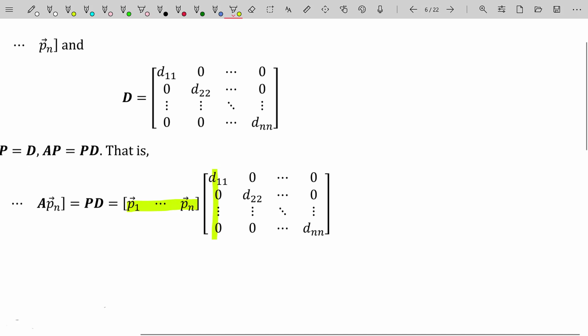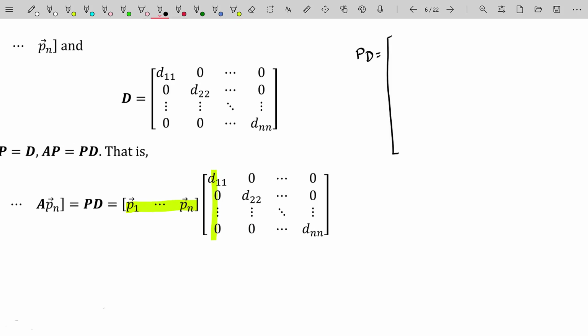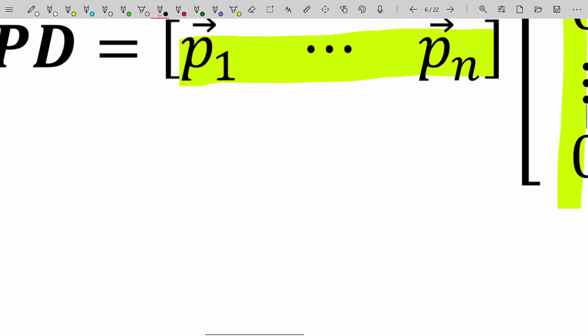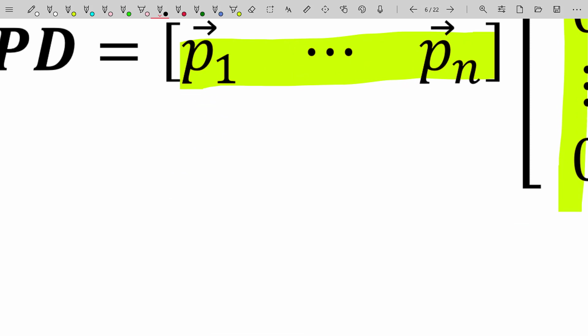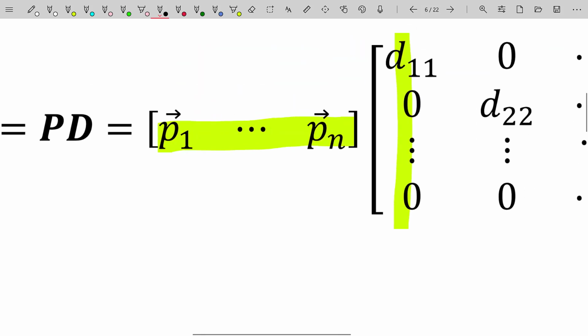For example, in the product PD, let's focus just on the first row, first column entry. You will take the first row of this matrix P here, which is P11, P12, P13, P14, all the way to P1n, and multiply it by the first column of D, which turns off everything except for the first entry.